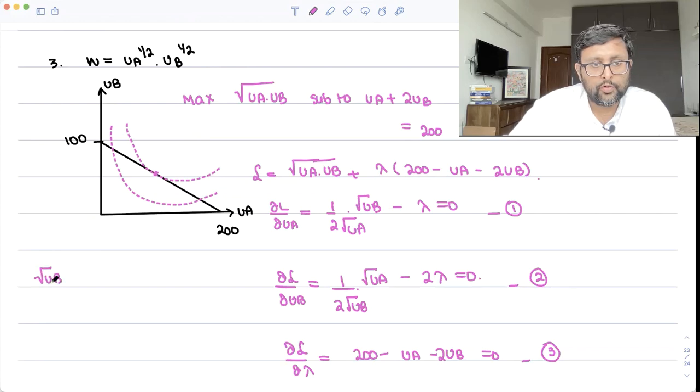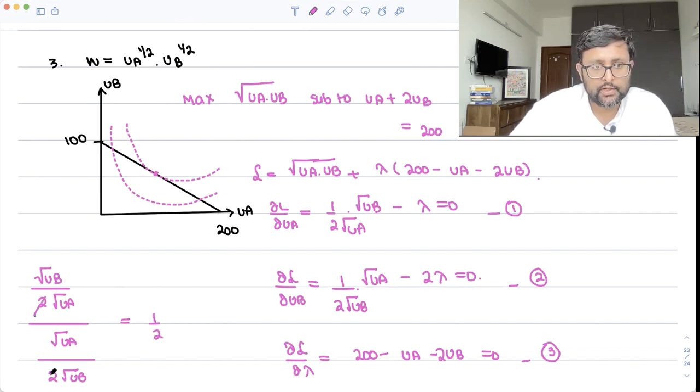Root of UB upon 2 root of UA whole upon root of UA upon 2 root of UB is equal to lambda upon 2 lambda, which is equal to half.